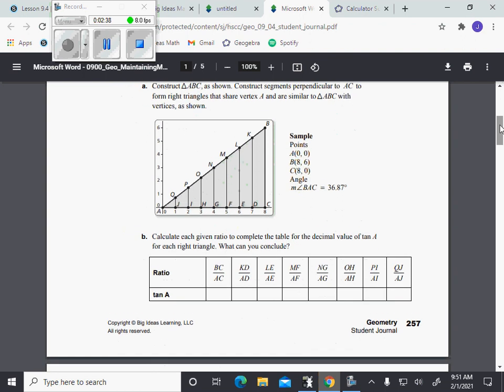Down here, we're just going to be doing some ratios. Let's first start with the tangent of A, and let's go with this big triangle here, A, B, C. B is at 8, 6, so (8, 6).